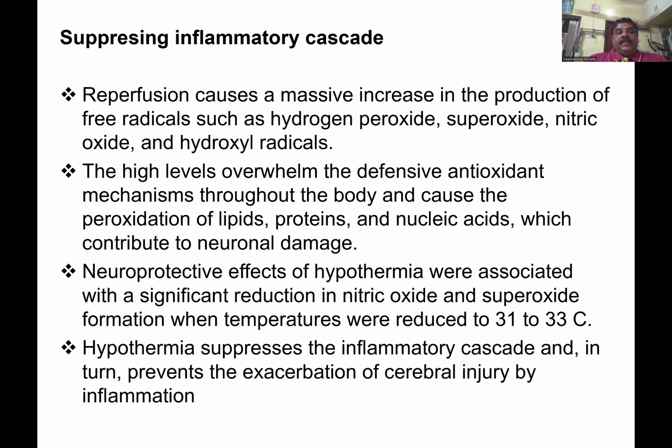These neuroprotective effects of hypothermia are associated with a significant reduction of nitric oxide and superoxide formation when the temperature is reduced to 31 to 33. Hypothermia suppresses the inflammatory cascade and prevents exacerbation of cerebral injury by decreasing the inflammatory mediators. It inhibits neuronal damage and helps recovery.